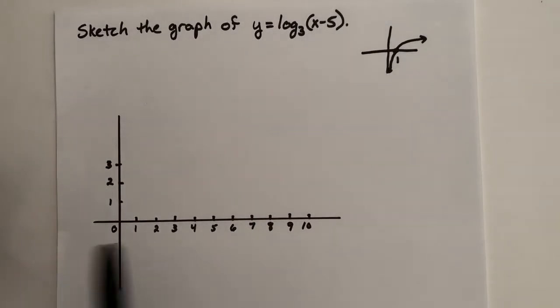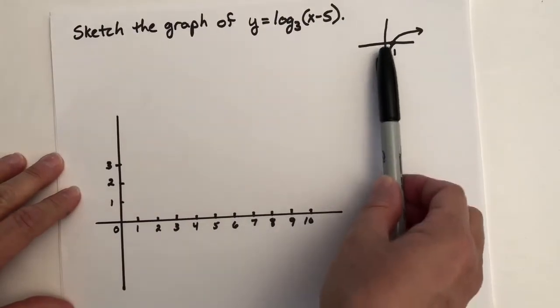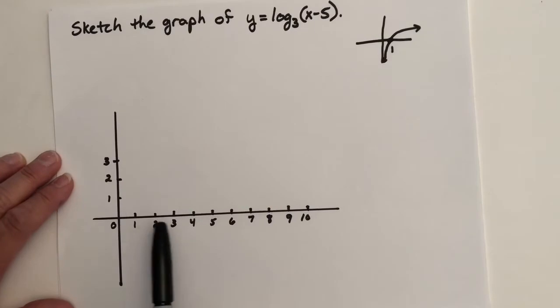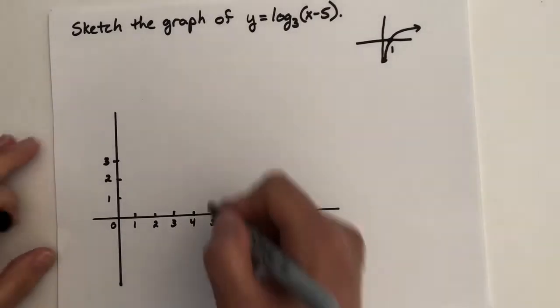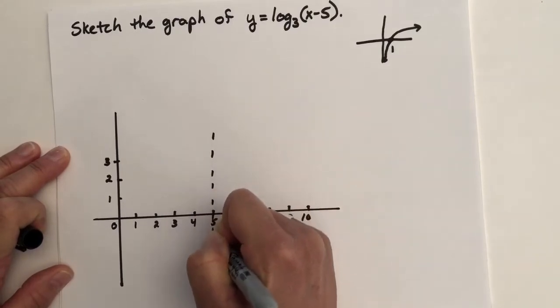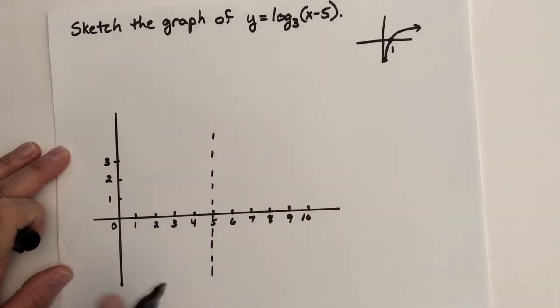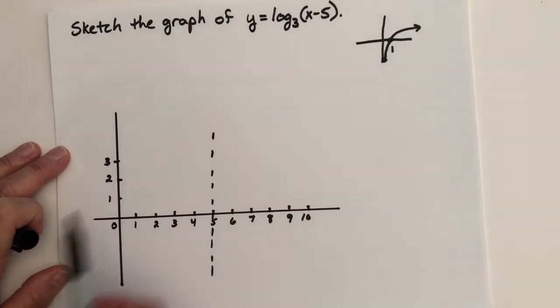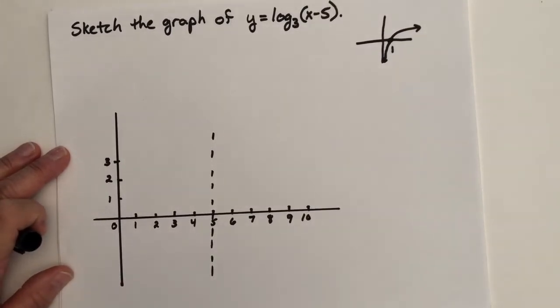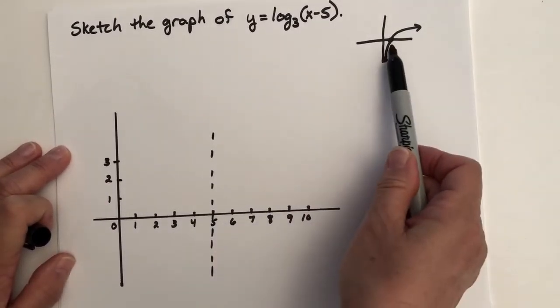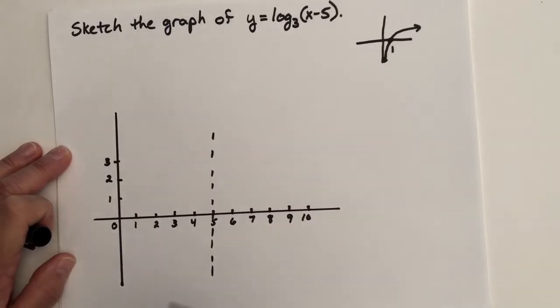So instead of having a vertical asymptote here at 0, I'm shifting right 5: 1, 2, 3, 4, 5. 5 is labeled right here. I'm going to draw in, as should you, when you shift a logarithmic function to the right or left and you have an asymptote that's not on that axis, make sure you draw it in. And instead of the x-intercept being 1, it got shifted over 5 units as well.